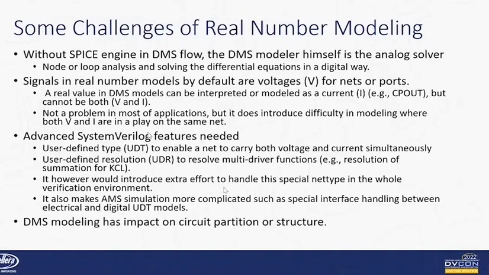You have to handle the special interface between the digital and the schematic. DMS model definitely has some impact on circuit partition and structure. Say we prefer everything put in the box. We don't like the individual or discrete element like a resistor or a capacitor outside of a box, right?